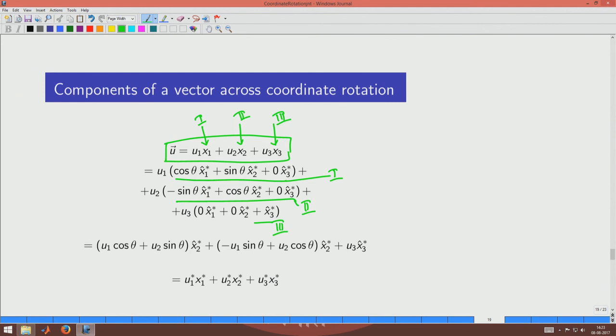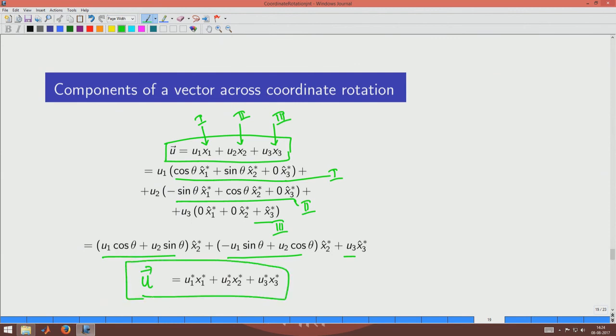So, we have those expressions coming in. Once we write the old coordinate system unit vectors in terms of the new ones, we collate all the terms for x1 star, x2 star and x3 star, and we get those things here. Then we have the expression for u this way.